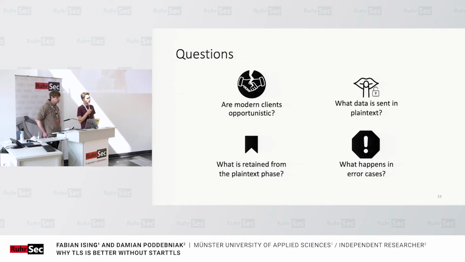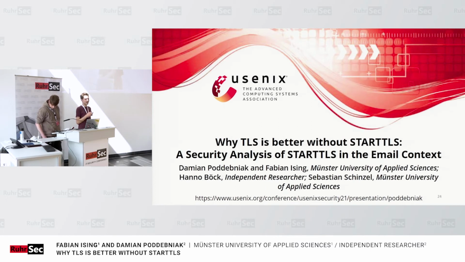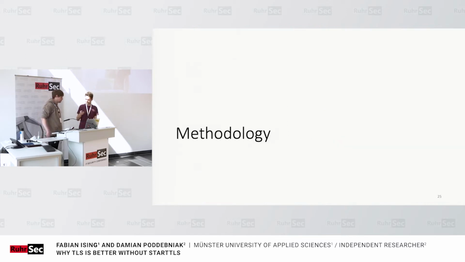All protocols have some kind of error mechanism, and we wanted to know what happens if these errors happen before the TLS handshake. So an active meddler in the middle could force errors to happen or just inject errors. And we wanted to know what clients do with these. All of this accumulated in a Usenix Security 2021 paper called Why TLS is Better Without STARTTLS, on which Damian will now give you the details.